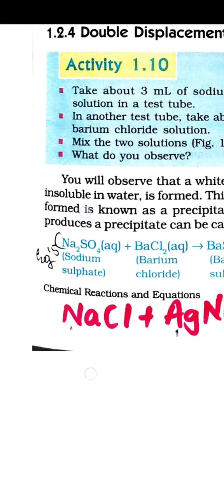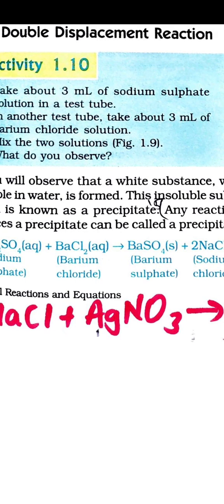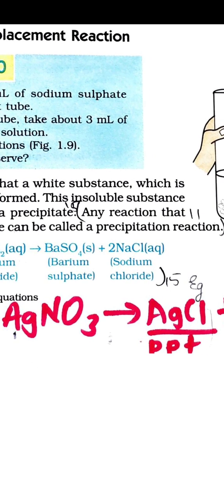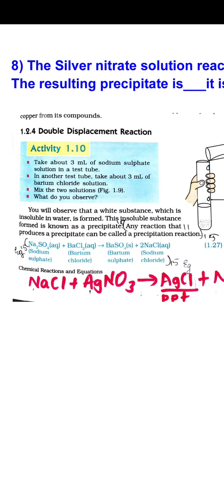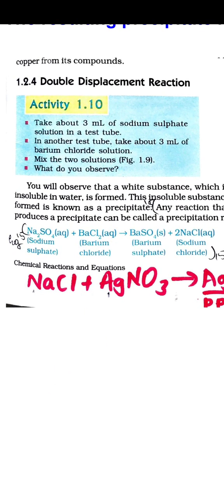You can see another example given in your textbook. Na2SO4 plus BaCl2. That means both are aqueous solutions of the salts, sodium sulfate and barium chloride. Two salts are mixed and you are getting two new salts, barium sulfate and sodium chloride. They have exchanged their groups. In the same way, this example also includes two aqueous solutions of salts, sodium chloride and AgNO3, that is silver nitrate.